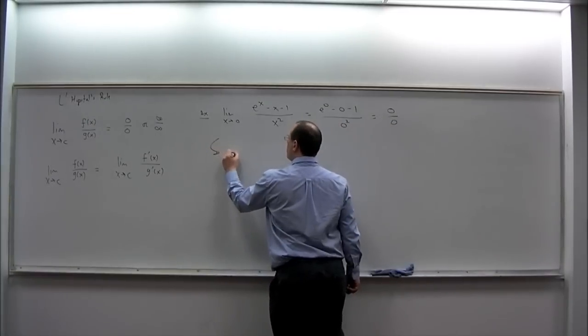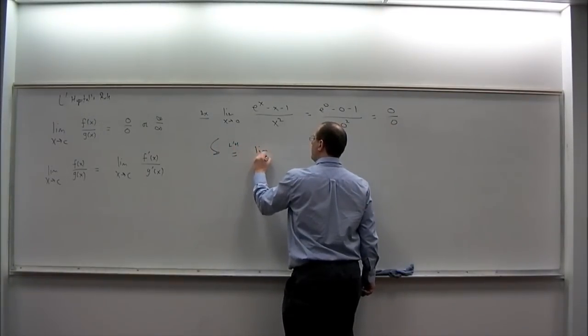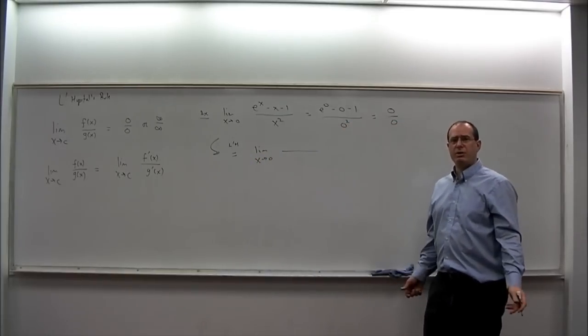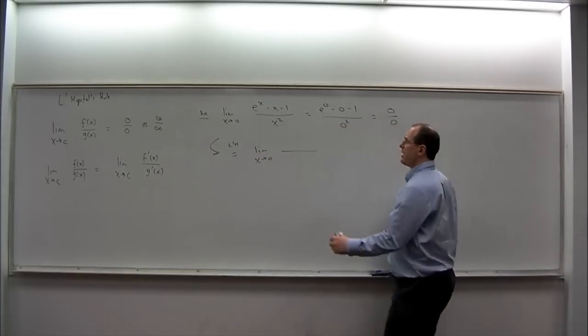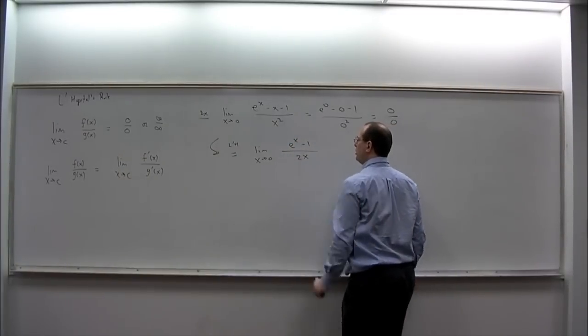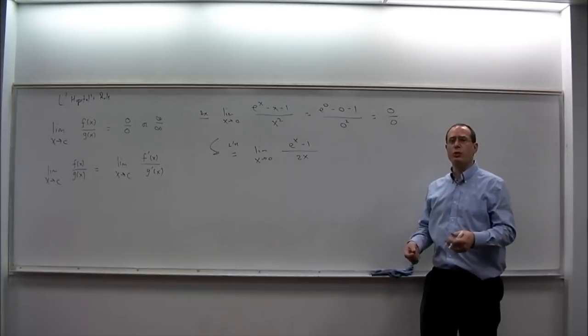So L'Hopital's rule says that this limit can be computed by taking the derivative of the numerator and the derivative of the denominator separately. It's very nice because you don't have to use the quotient rule. You do the derivative of the numerator, you do the derivative of the denominator, and you recompute the limit.